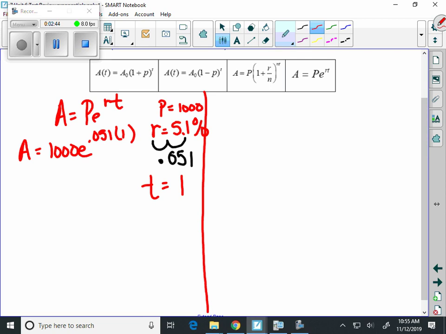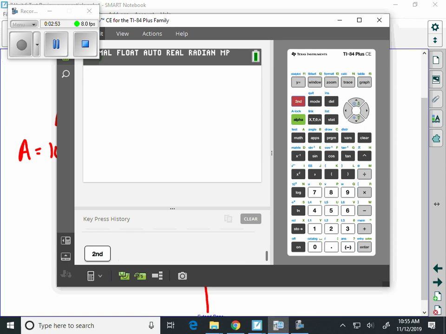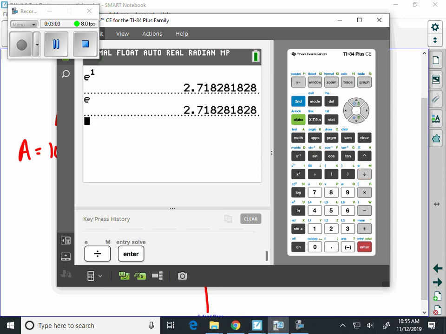We type it in our calculator with the reminder of what the e button looks like. Again, the e button is either second, ln, and we have to put our exponent of 1 in there, or it's second, the division bar. Either way, that's where we get the e.